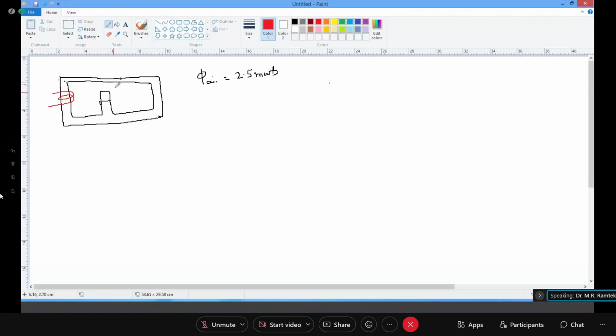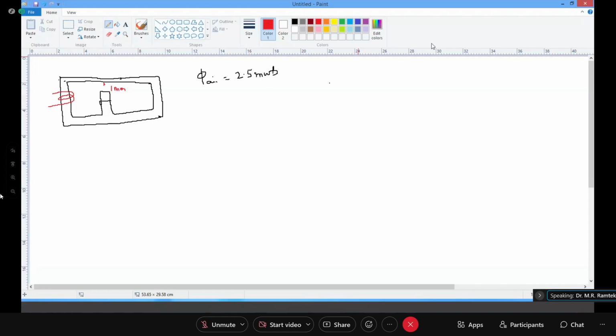So this is the air gap of 1 mm, and you know the other details, they are same. So the flux here is same as that of the previous case.